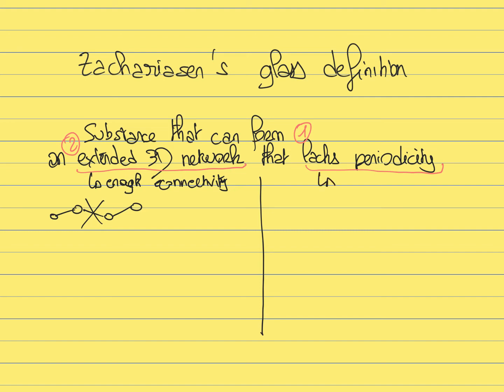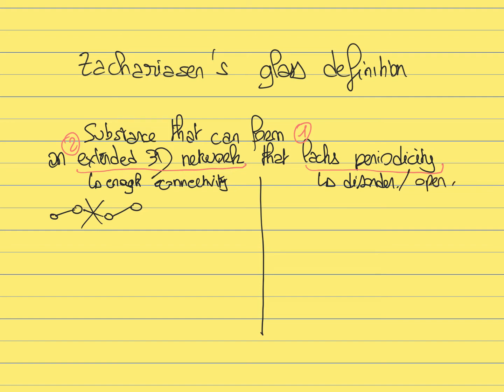But you also need to lack periodicity. What does it mean to lack periodicity? It means that you need to be able to induce some disorder. It needs to be possible for the structure to be disordered, to be non-periodic. And so if you think about this, it means that there needs to be some openness in the structure.